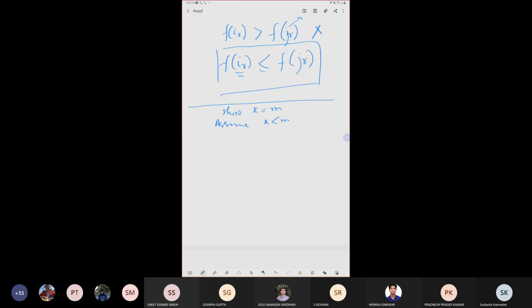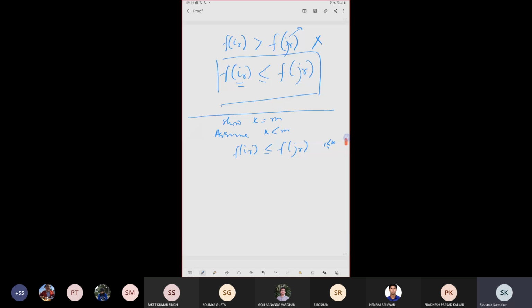After this, what happens? Why did our algorithm fail to find something more? That means after this step, after k intervals, after finding this k, there is no other interval left in the set.